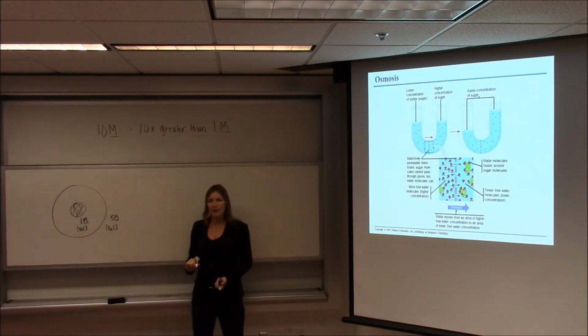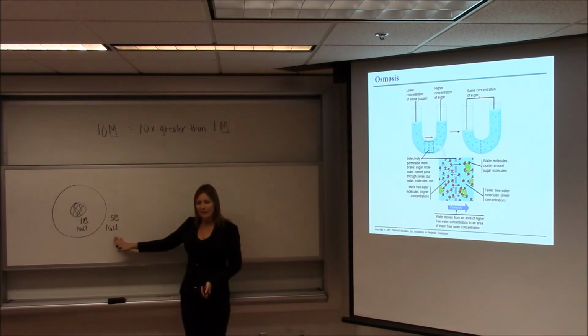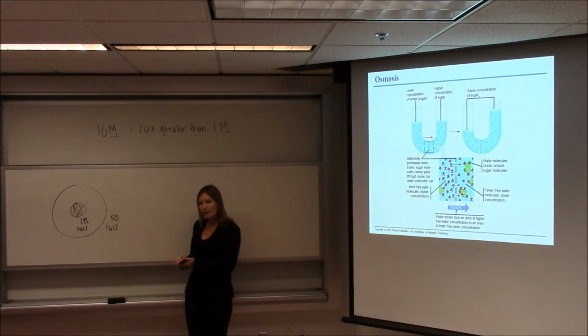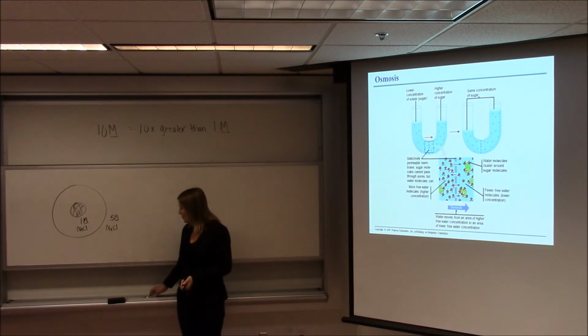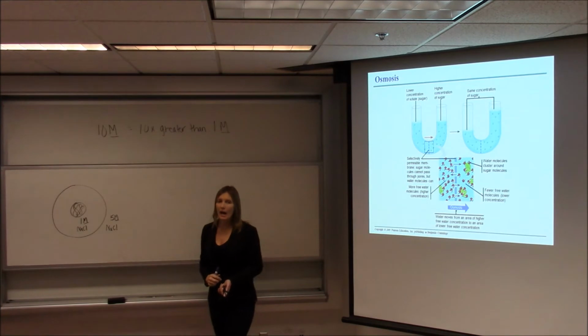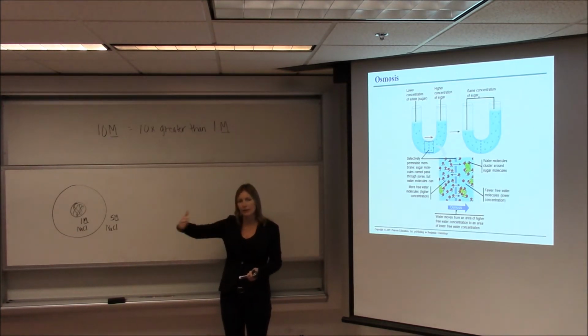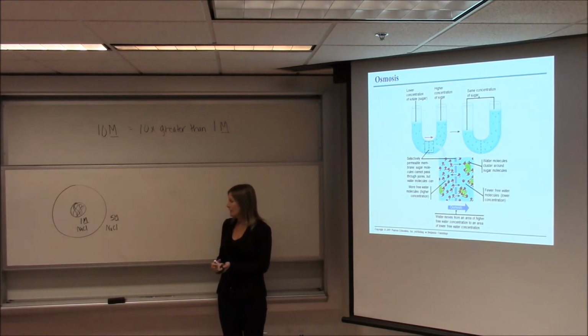Where is the solute concentration higher? Inside the cell or outside the cell? It's much higher outside the cell. And in that case, water is going to tend to move toward wherever the solute concentration is higher, to try to dilute that solute concentration and make them equal inside the cell and outside the cell.